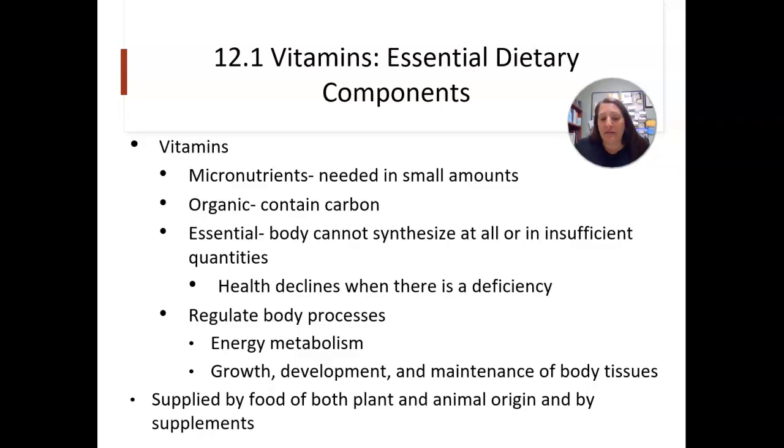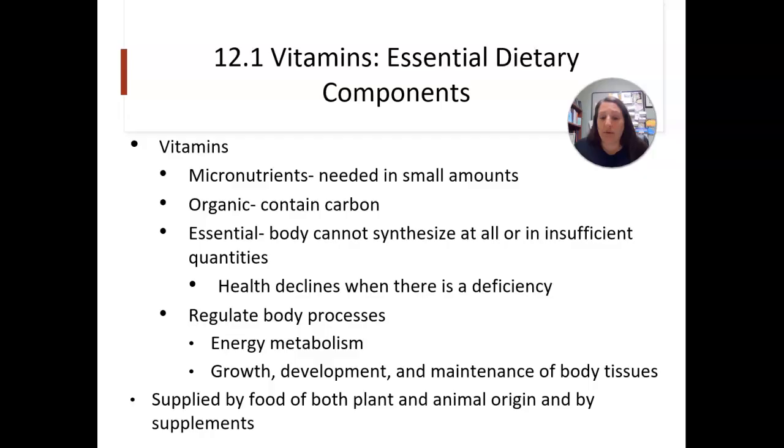Vitamins have all kinds of different biological activity. As we go through each one, we'll talk about the role of each in the body. And a lot of this, we have good scientific evidence for, and then some we need more. Okay, so we'll point those out. Vitamins are involved in regulating body processes. Some are involved in energy metabolism.